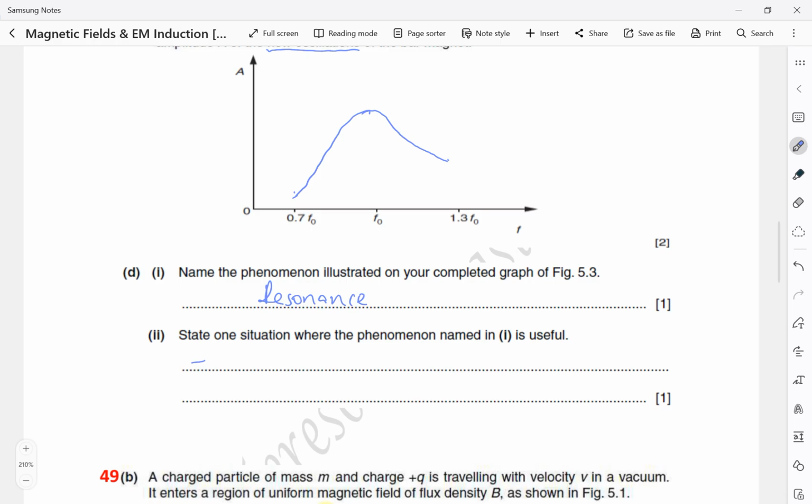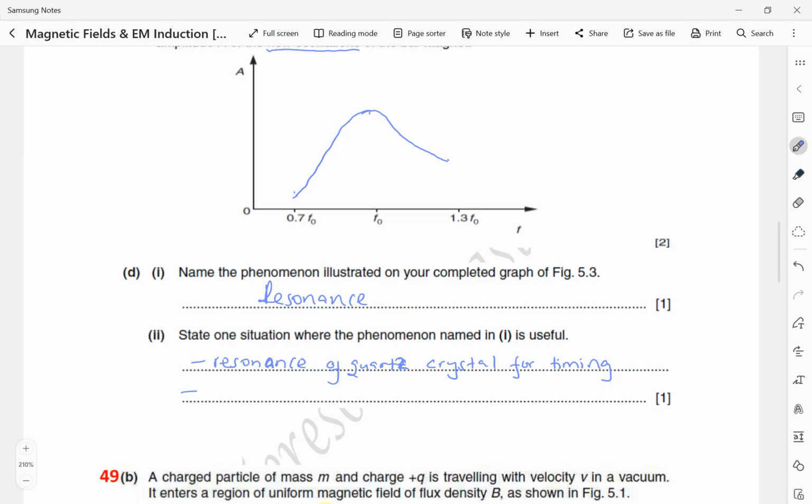So resonance of quartz crystals is used in timing. That is to control clocks.